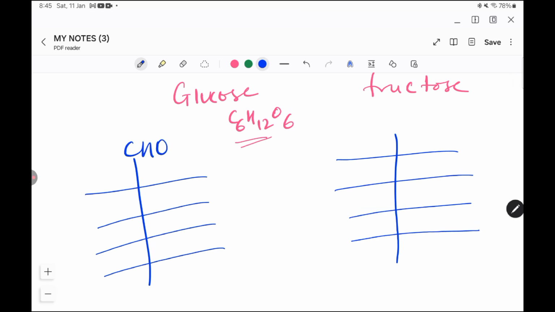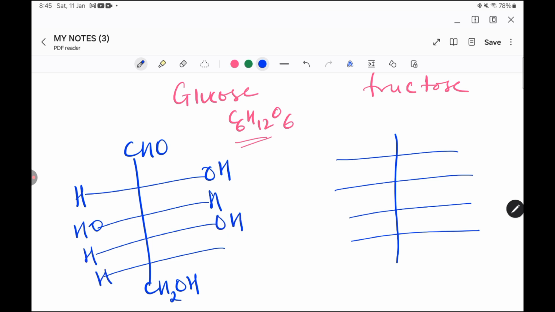On the top you just draw CHO, and at the last one you draw CH2OH, and then you start drawing the H and OH. H on the left, OH on the right. Then you just reverse it, so you change that pattern: OH and H. Again you change the pattern, so you have H and OH, and you repeat the pattern. I think if you practice, you're going to learn it.